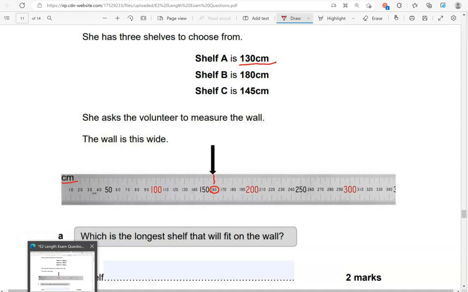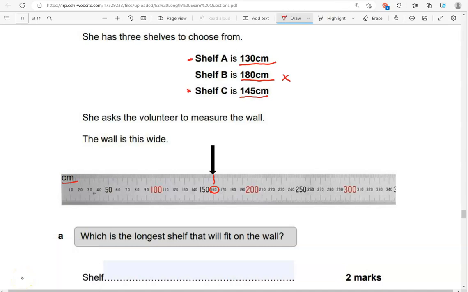That's a possible answer. 180, that is greater than 160, so that's not an option. Then we have 145, which is smaller than 160, so that is a possible answer as well. So we've got two possible answers, which is shelf A and shelf C.